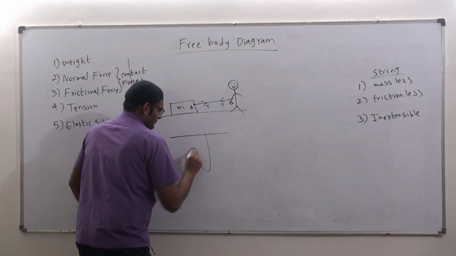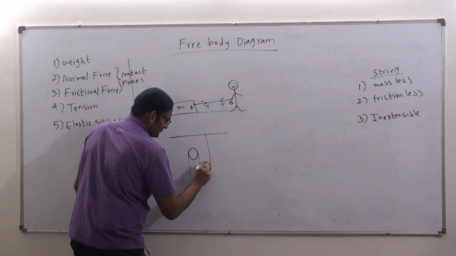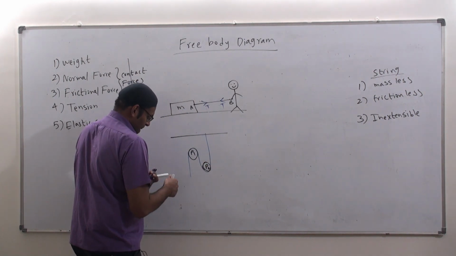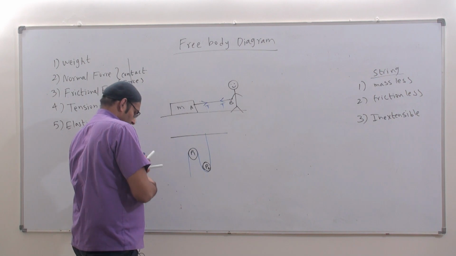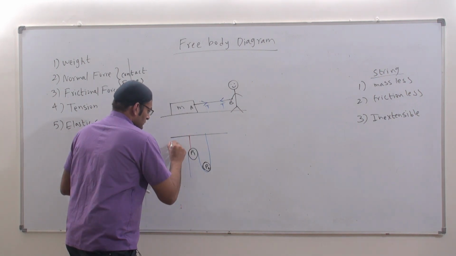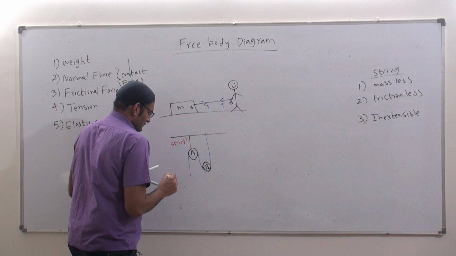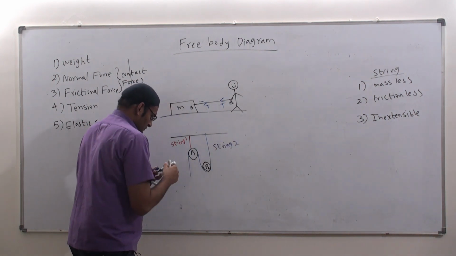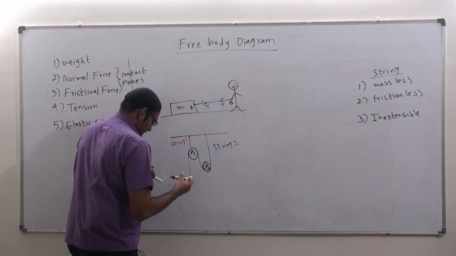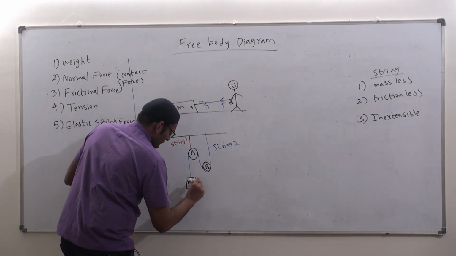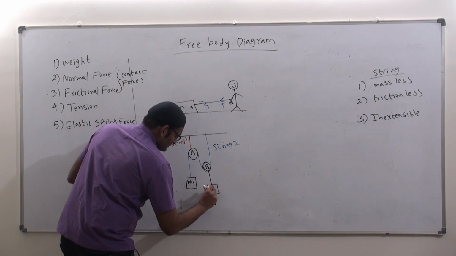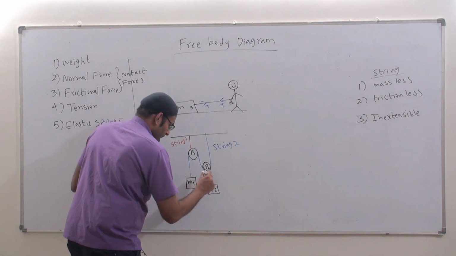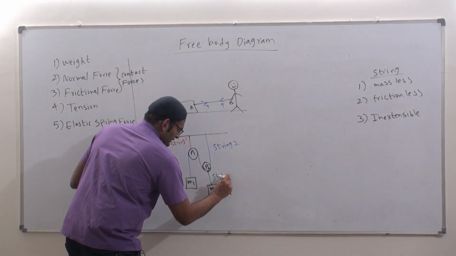I'll give a pulley problem to explain it. This is pulley P1, this is P2. Let's take this as string 1, this is string 2, this is mass 1, mass 2, and this is connected with string 3.